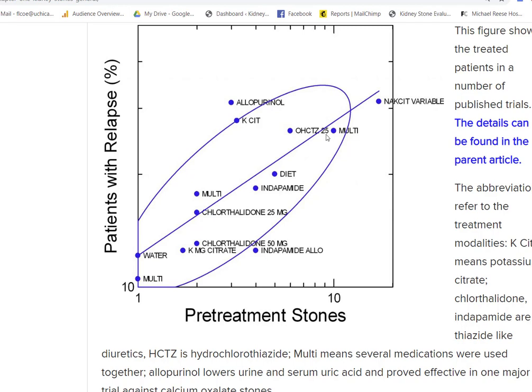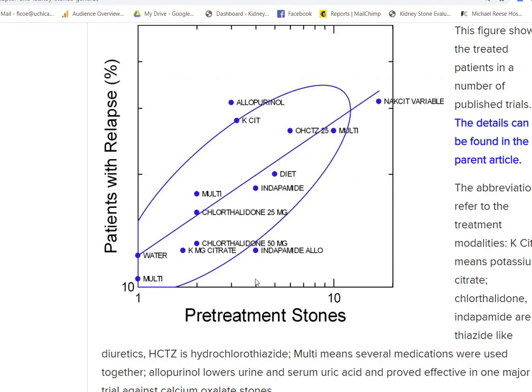So if you take single stone formers and rely on a single modality, and they go from 1 to 2 stones, their risk of a lesser outcome is going up. It goes up progressively with more stones.